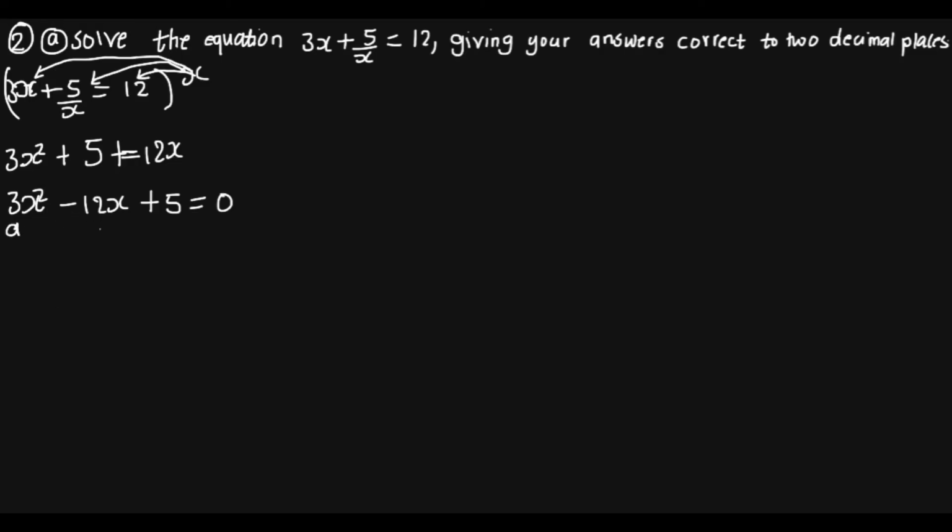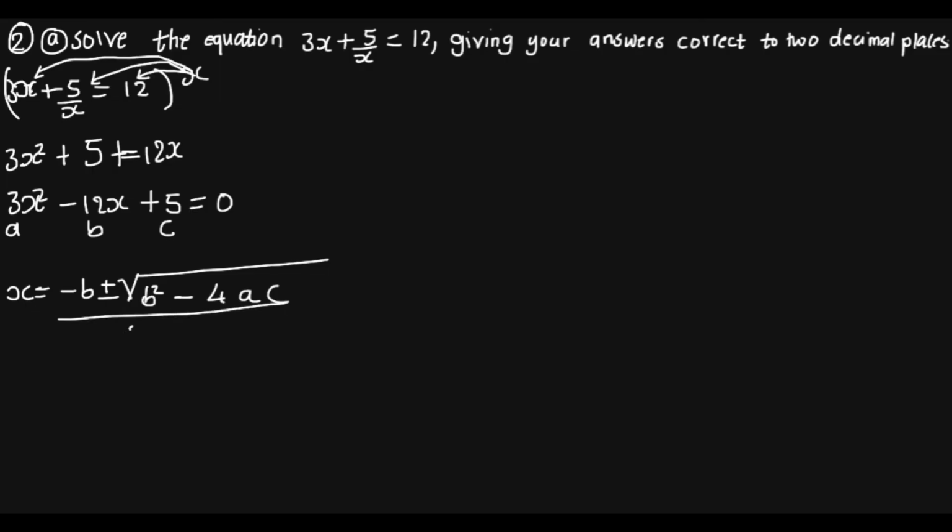So here we have a, b, c. We can proceed now. Let's apply the formula: x is equal to minus b plus or minus the square root of b squared minus 4ac, divided by 2a. So let's do substitutions.